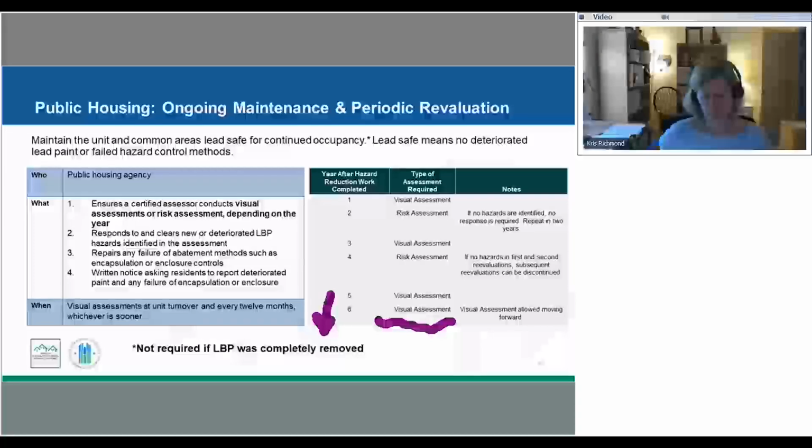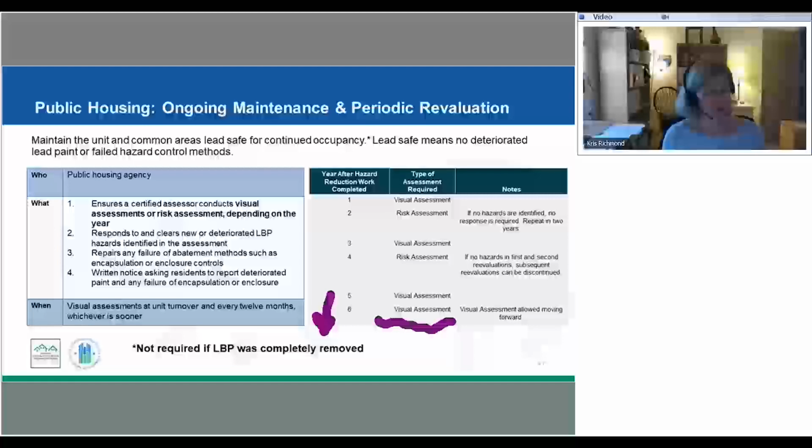Hopefully our units are continuing to be in fairly good shape. If for some reason we're starting to find a lot more deterioration, it could be a best practice that we do another risk assessment. It's not required, but we might do it to determine where these additional hazards might be.